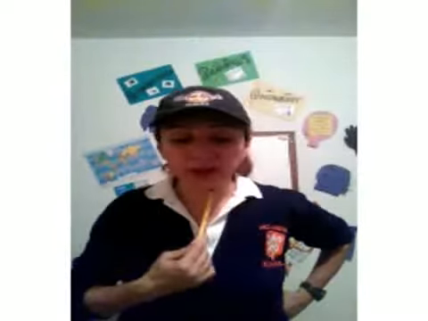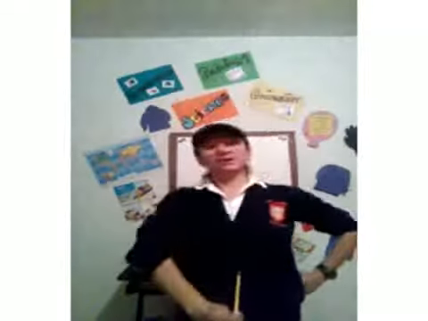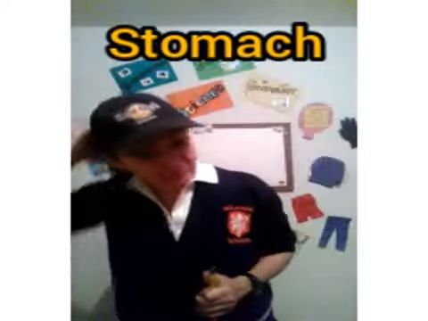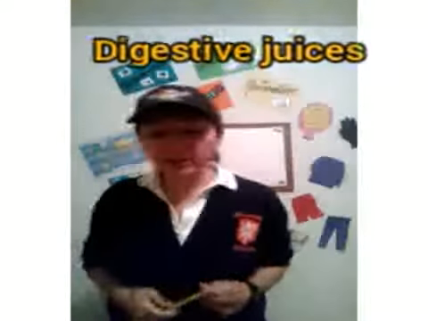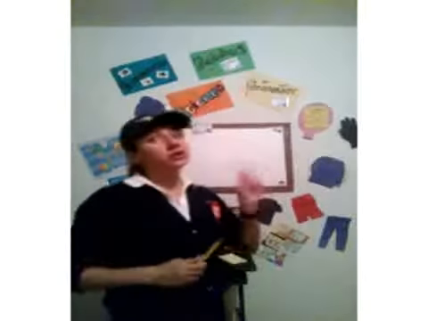It moves food from the mouth to the stomach. Number 2, stomach. It is a muscular bag that mashes food and mixes it with digestive juices. These juices break down some nutrients and kill germs.